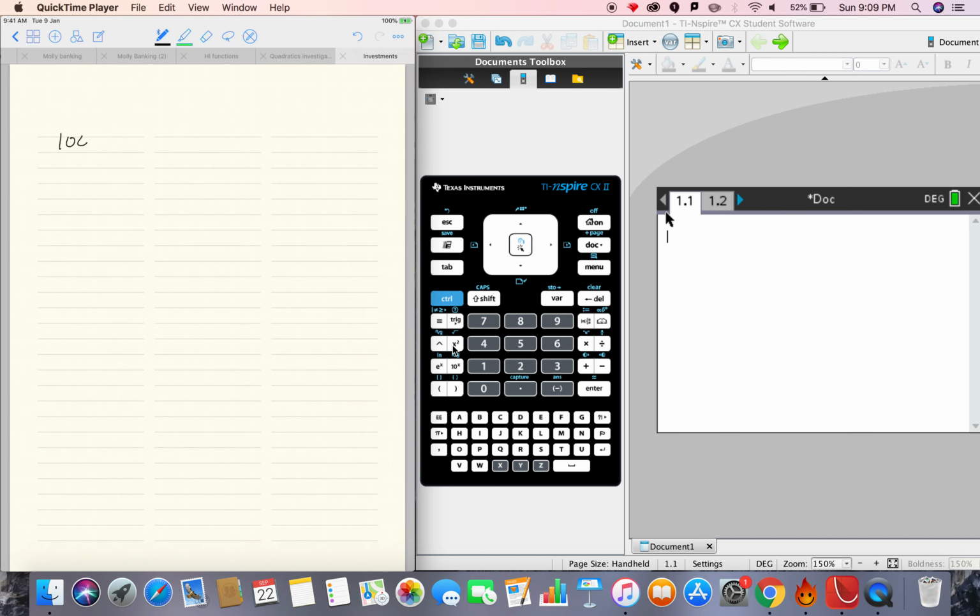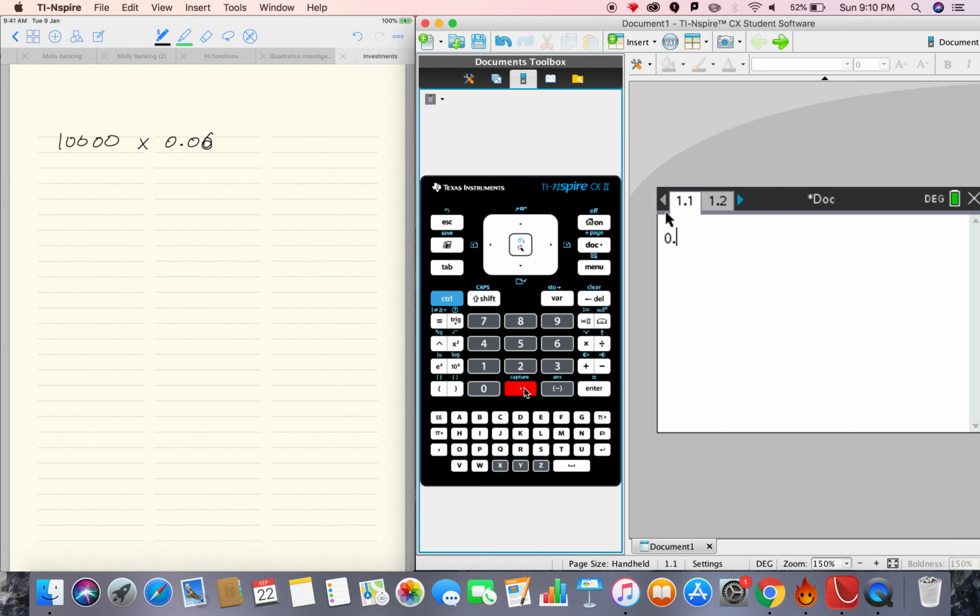So you've got 10,000, I need to find 6%, so times by 0.06, okay? You can reach for your calculator if you want, or do it in your head. I'll just do it in the calculator. Okay, and in the first year you earn 600 SGD.